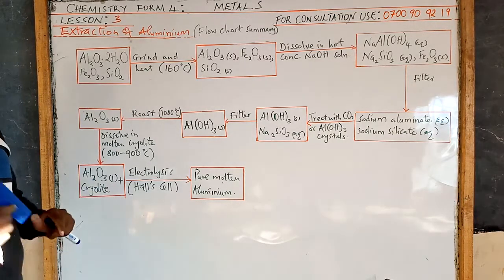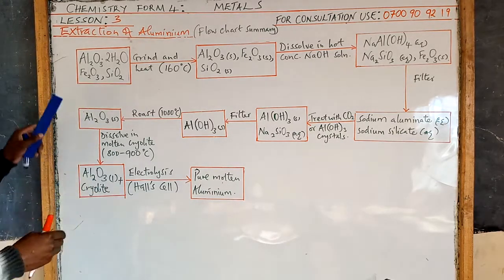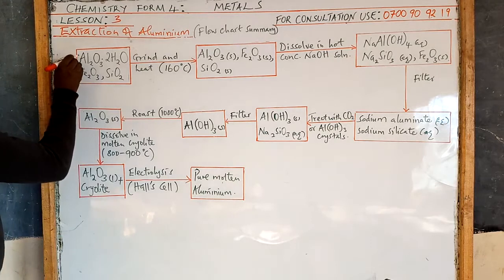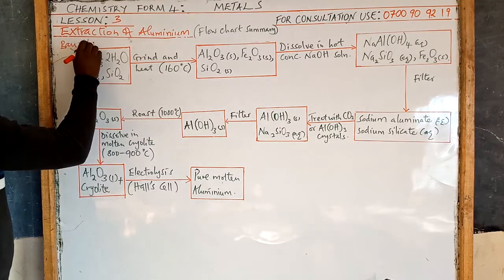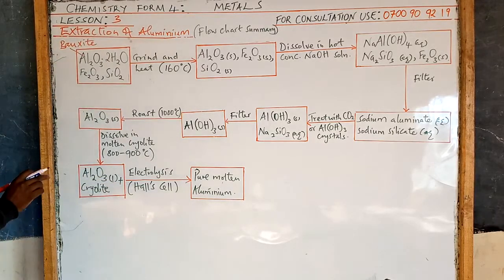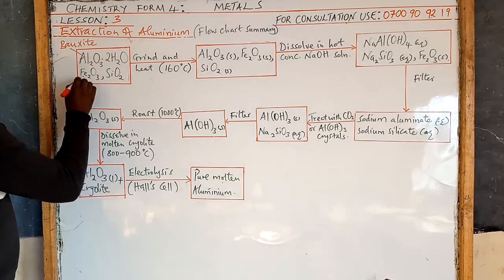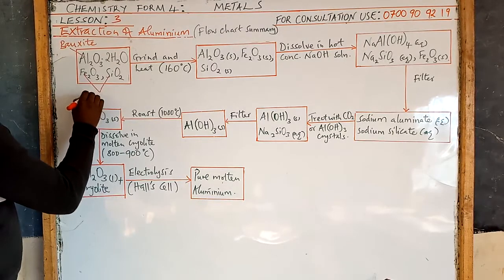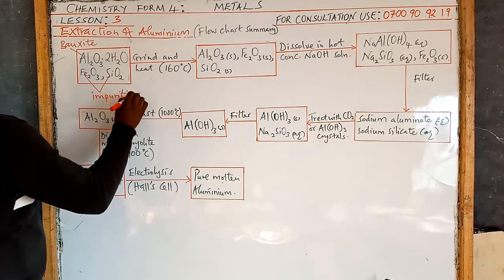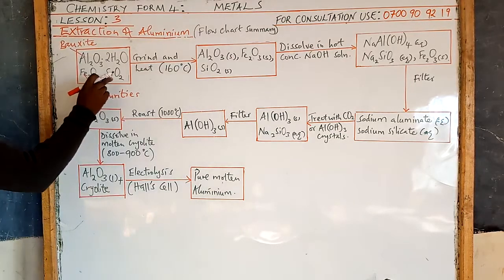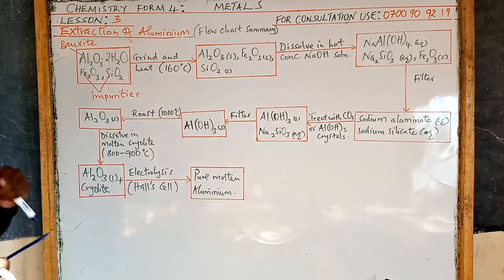So as we saw in the main steps, this is now your bauxite. This one here is the bauxite. So bauxite is the ore, the chief ore. Then these two are the impurities that are found in bauxite. That is iron 3 oxide and silicon 4 oxide, or if you like, silicate.